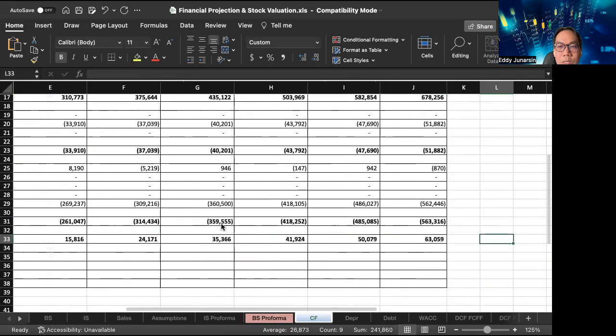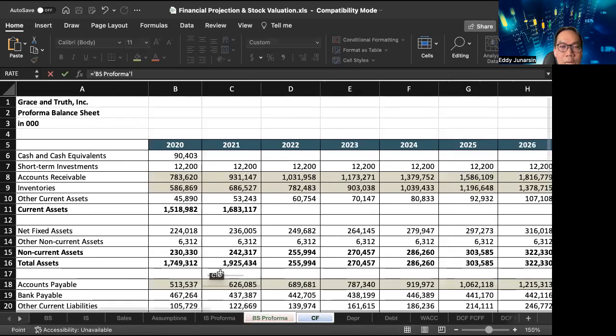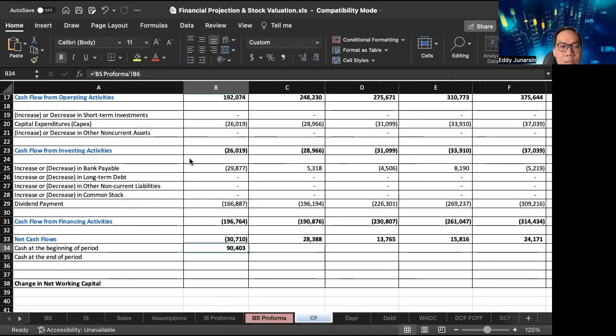Okay, so we got the projected net cash flows for the next 10 years. And again, cash flow at the beginning of 2021 is cash flow at the end of 2020. All right, so cash at the end of 2020 should be the cash at the beginning of period plus net cash flow during that year.